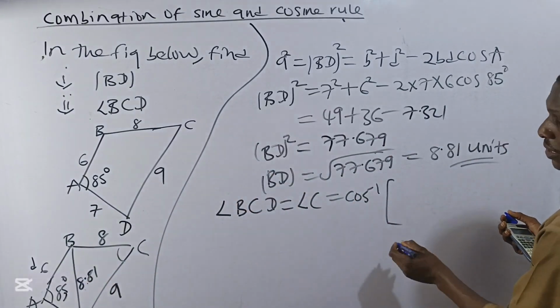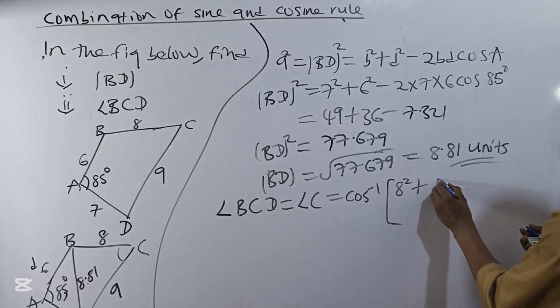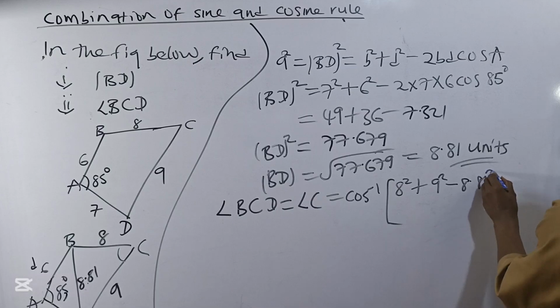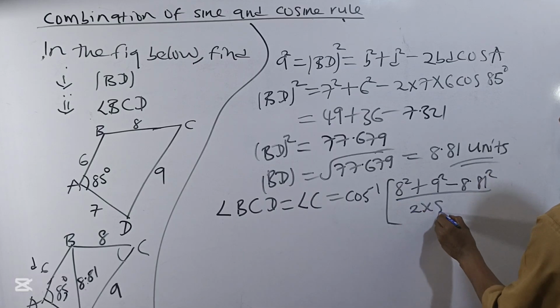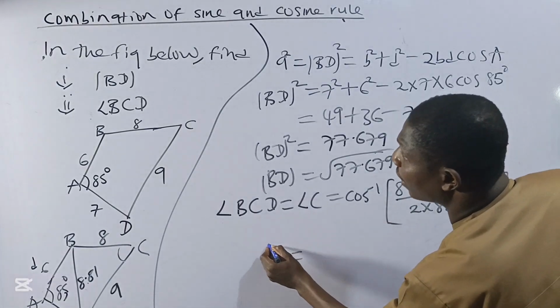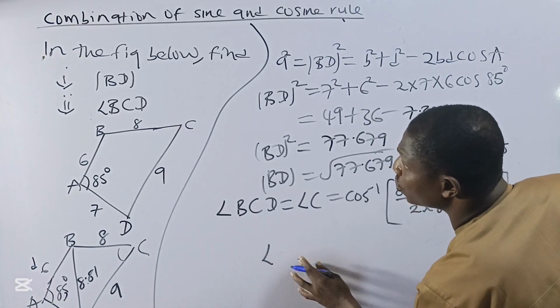Remember, I'm talking about C. So I'll have a square plus 9 square minus 8.81 square all over 2 times 8 times 9.